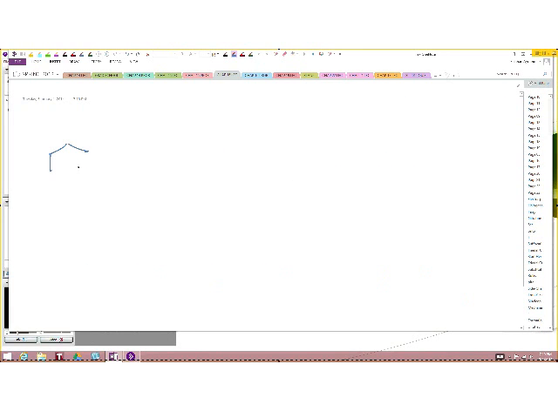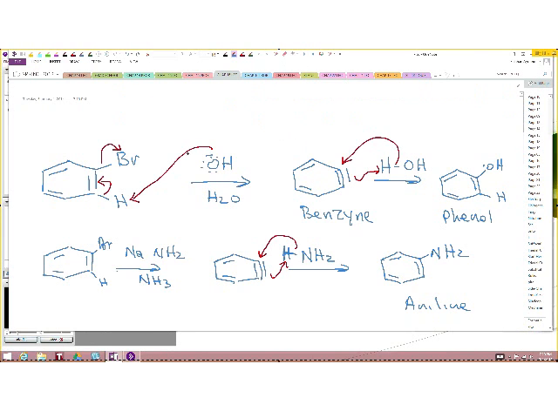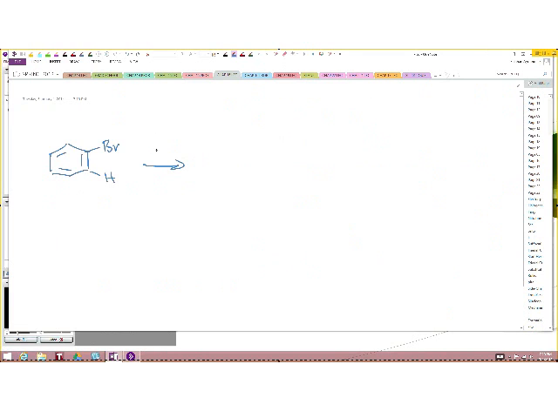For example, I could take this with sodium amide in ammonia.